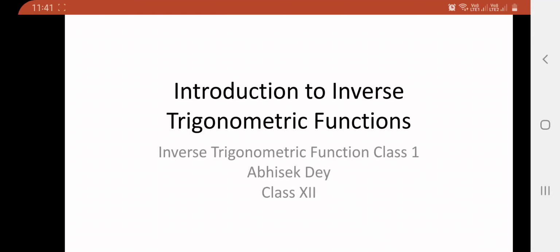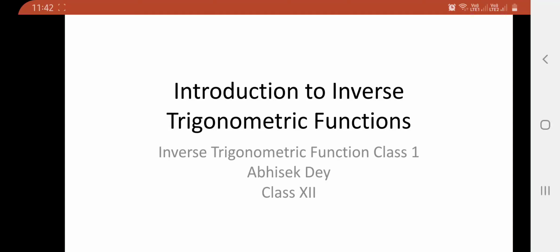So similarly, the value of the angle which all these trigonometric functions are taking, they form the domain of that function, and the values which the functions are giving, they are the range of the function, which we already know from our class 11.